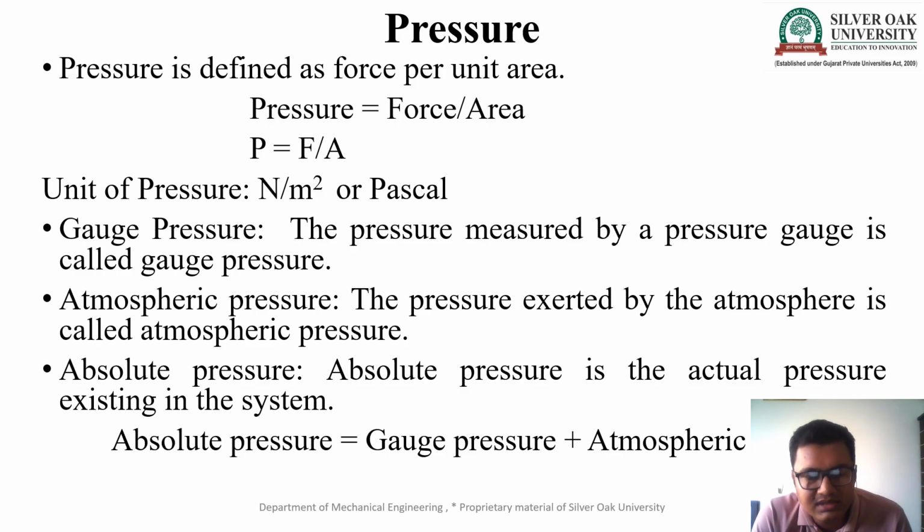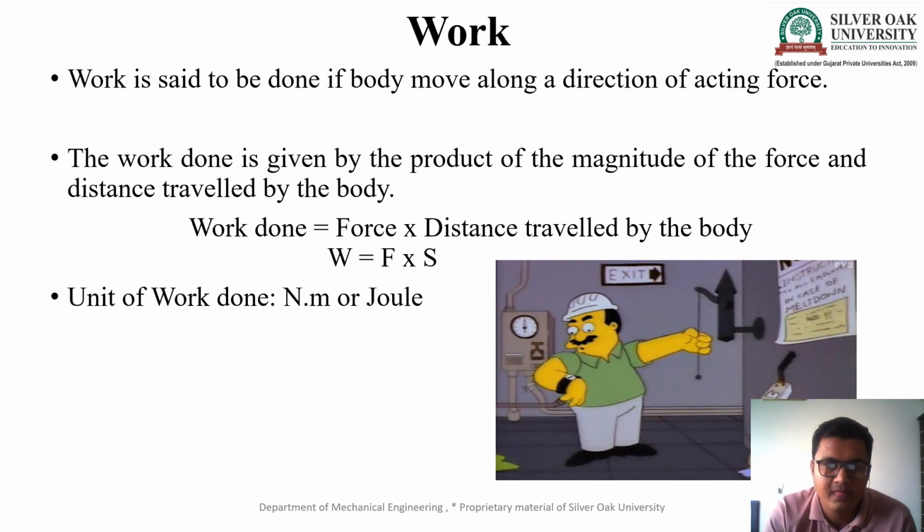The pressure exerted by the atmosphere on a body is called the atmospheric pressure. And absolute pressure is the actual pressure which exists in the system. So absolute pressure is equal to gauge pressure plus atmospheric pressure. Now we move further.